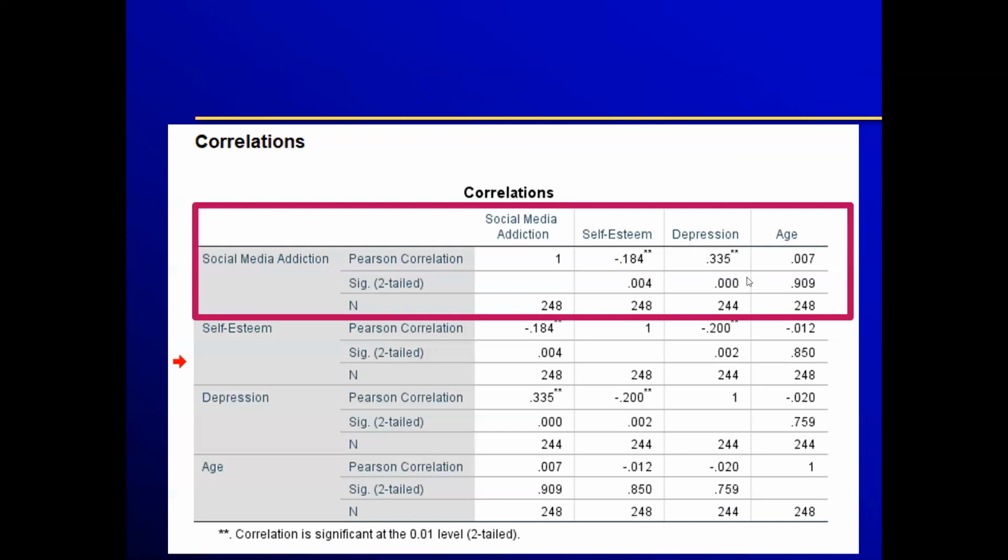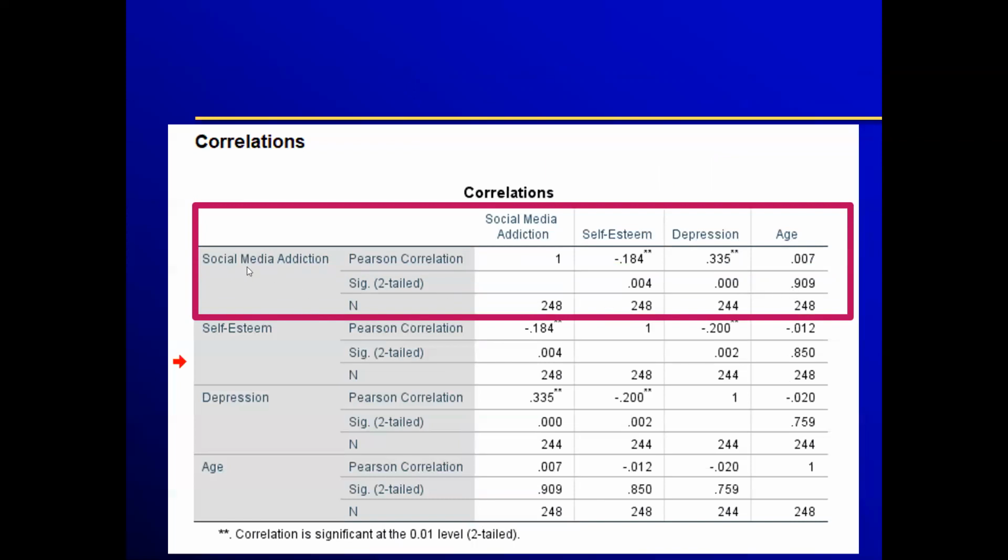All right, so here's some more about a correlation output. Hopefully you can see, but the variables I put in go both vertically and horizontally. So if I'm interested in social media addiction, that's my main variable of interest, I could go horizontal.